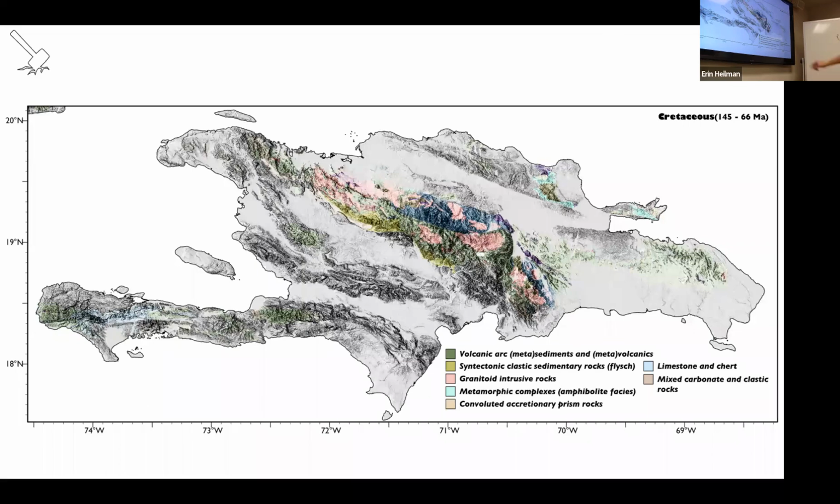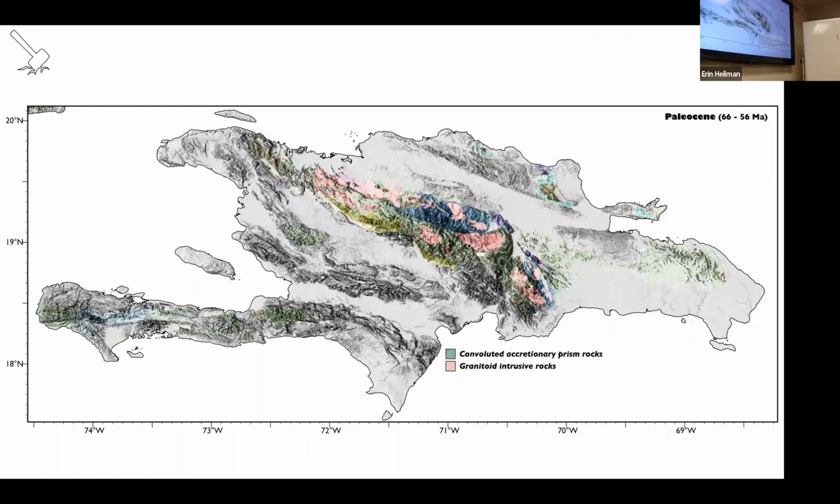And then up here in the Cordillera Septentrional, you have some accretionary prism rocks that have been exhumed after the collision. All right, moving into the Paleocene, you sort of have more of the same, more granitoid intrusives, more accretionary prism rocks, and more volcanism and magmatism.